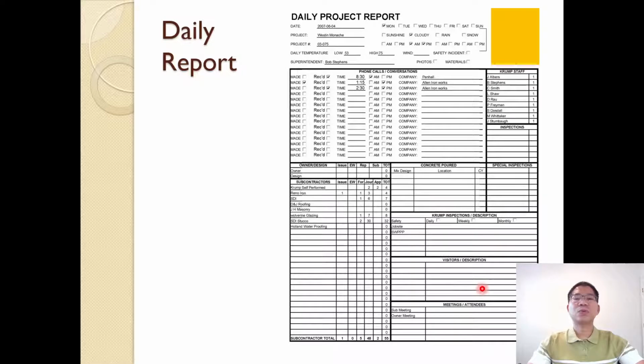Any notes can be put in the daily report. So at the end, when the project closes, if anything happened on that day, we can go back to the daily report to see who was on site, what they did, etc.